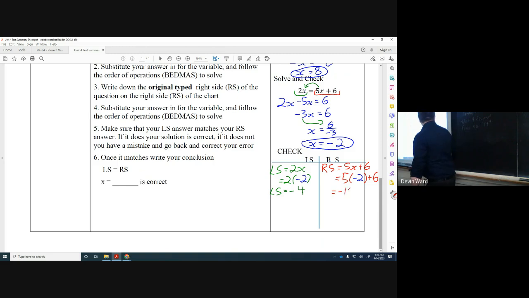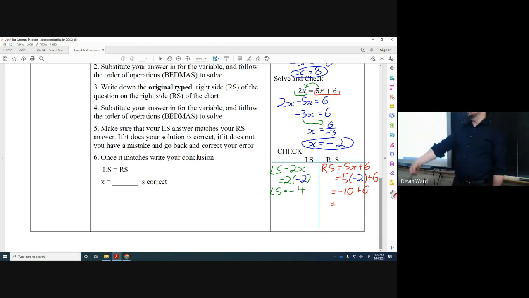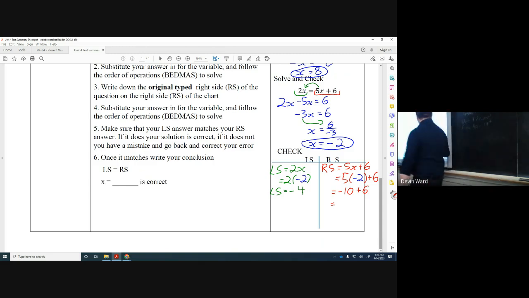So -10 plus 6. Now, if I have -10, I add 6, so say I spent $10, but then I got $6 from my dad. He showed up and gave me 3 toonies. How much money would that be down? -4, perfect.